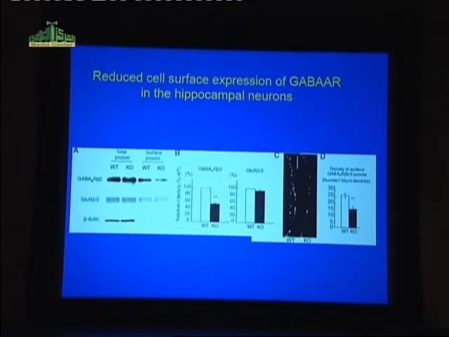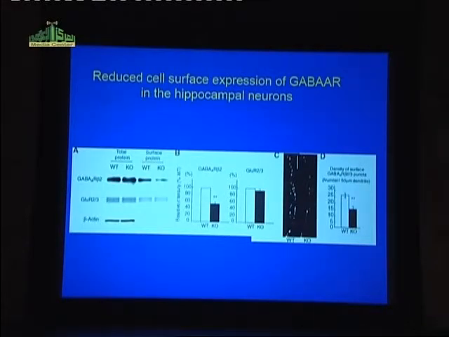So what's wrong? We studied the GABA receptor and found that surface exposed GABA receptor was decreased in amount in knockout. This is the dendrite of a hippocampal neuron, stained with anti-GABA receptor from the surface.